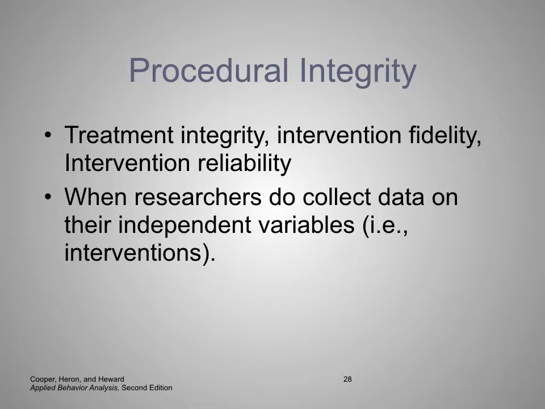Whenever they deliver the intervention, they check if each step of the intervention was implemented correctly, to make sure they deliver the intervention with high fidelity, with high accuracy. So when researchers collect data on their independent variable, the information is referred to as procedure integrity. Other names are treatment integrity, intervention fidelity, or intervention reliability.